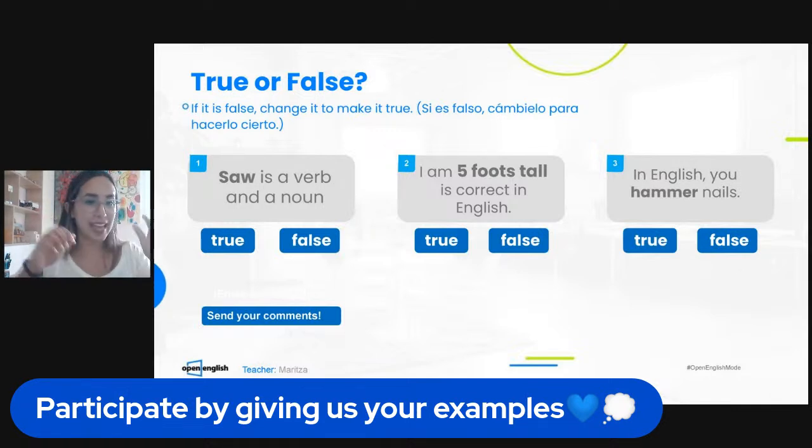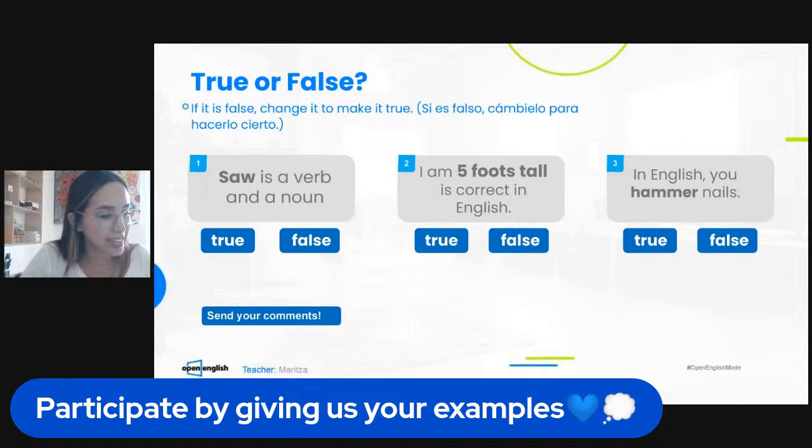So we have a hammer. When we hit a nail, we call this a hammer. We also use this word to describe this verb. So I need to hammer the nail. I have a hammer. I need to hammer the nail. The verb and the noun are the same. Neva, very good. Alejandro, very good. This was true. Caitlin, yes, true. Okay, let me see here.